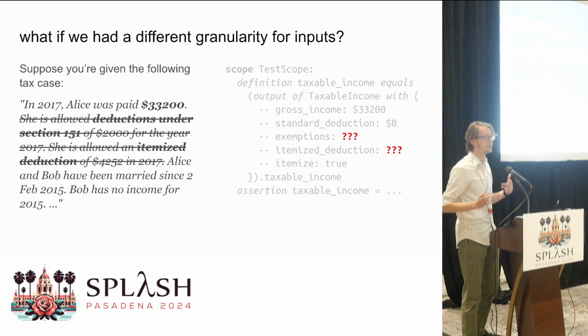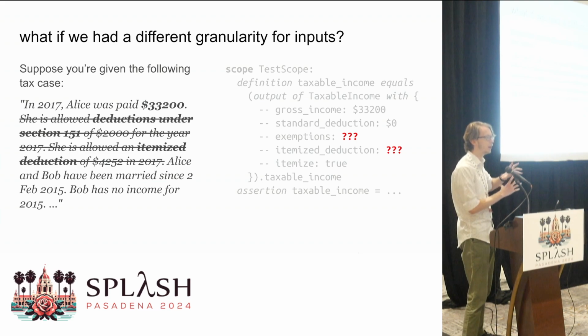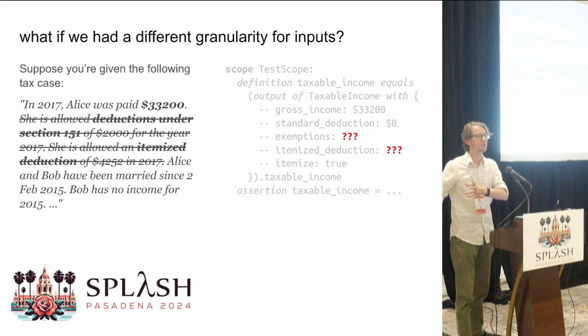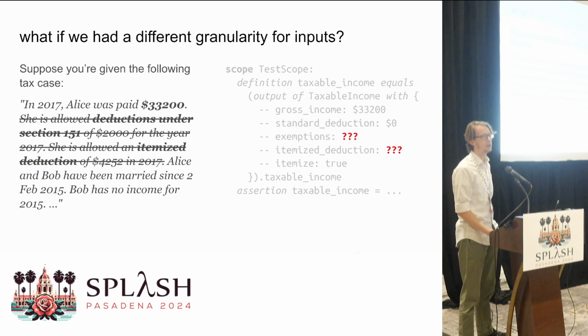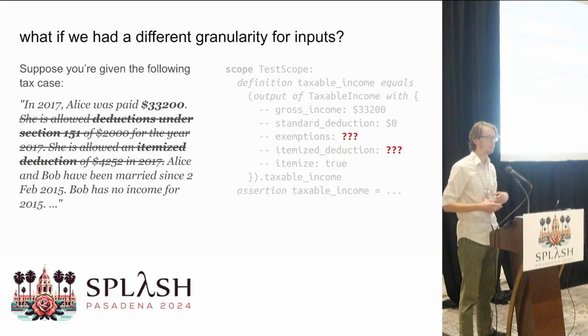This isn't that hard to do in this particular example. What you would do is go look up the other sections of the tax code that are relevant to this data, and then call those scopes, and use the outputs of those scopes as inputs to the scopes. But it's a little bit weird that you have to do that, because I thought the whole point of translating this into a programming language is that it should be able to calculate it from the information that we give it.